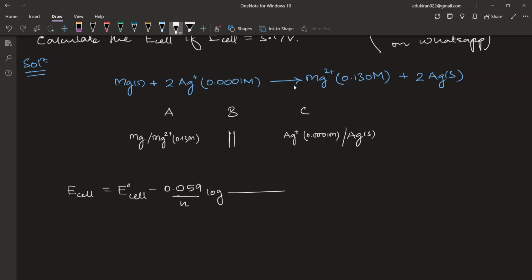Log will be of what is in the product, Mg2 plus. We don't need to write Ag. We'll divide this by Ag plus concentration. Is that right? And you will write a square here because there is 2.